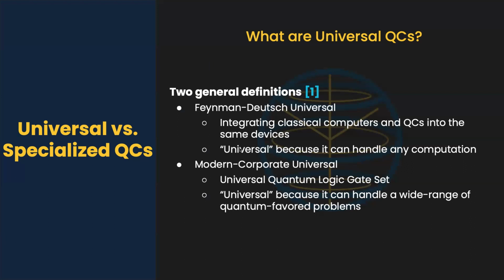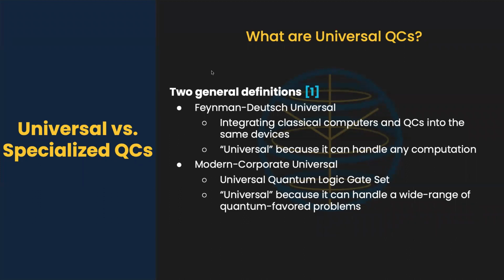So the other type of universal quantum computer is what I'm calling the modern corporate universal. I think I also call it modern consensus later. I'm talking about the same thing. It's basically what companies have agreed to call their definition of universal, and really all they're talking about is that you have a universal quantum logic gate set.